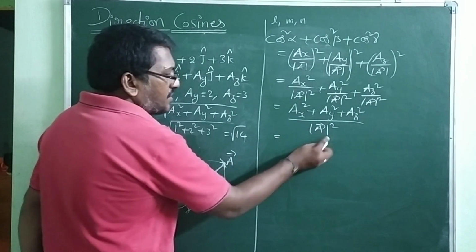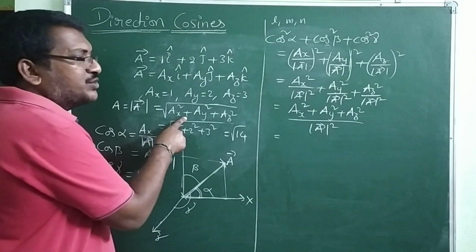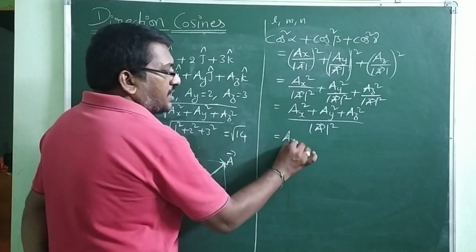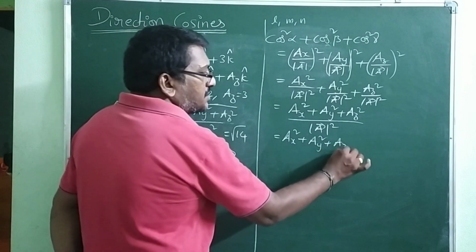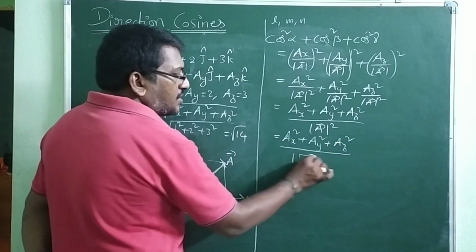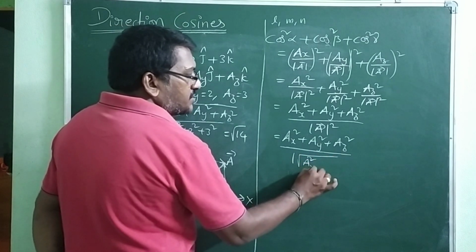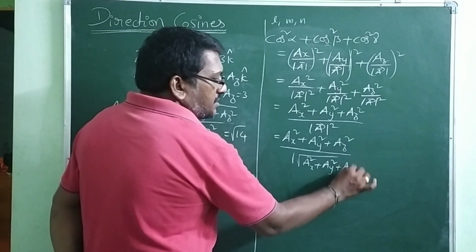We know the formula: modulus of A bar, the magnitude of the vector, is root of Ax square plus Ay square plus Az square.